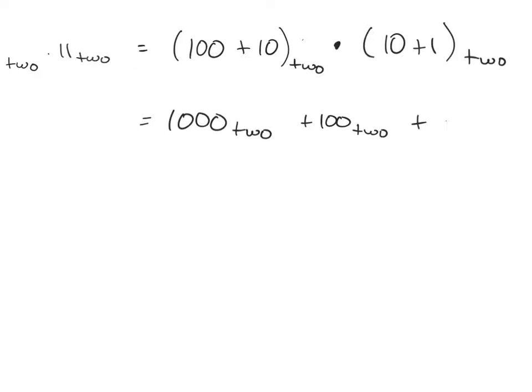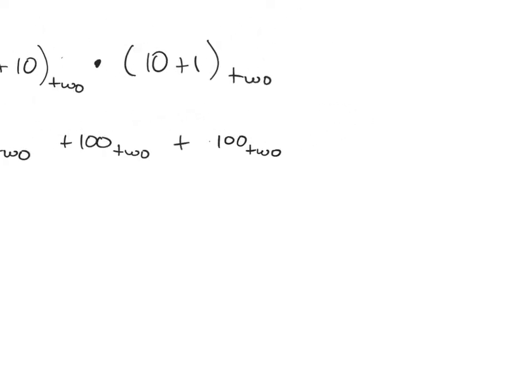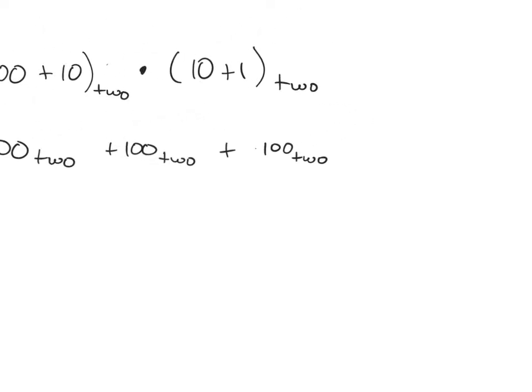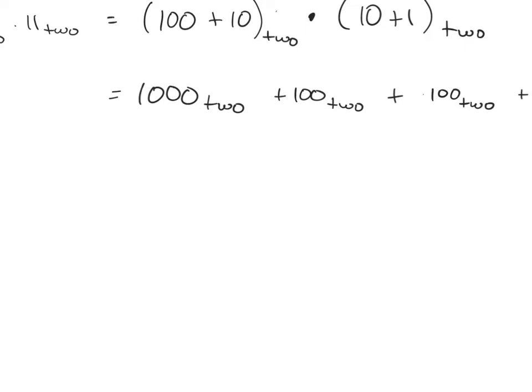And then the 10 times 10 is again 100 base 2. And then with the 10 times 1, you get 10 base 2. Now if we add all those together, we get 1, 2, 0, 1 base 2.